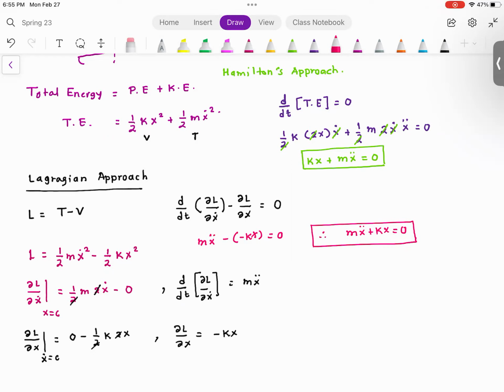And why does the Lagrangian approach work? Please try to understand. I don't know if you have listened to the Feynman lectures on physics. Basically, the law of energy is a fundamental law of the universe. That law governs all the moving bodies and objects in the universe.